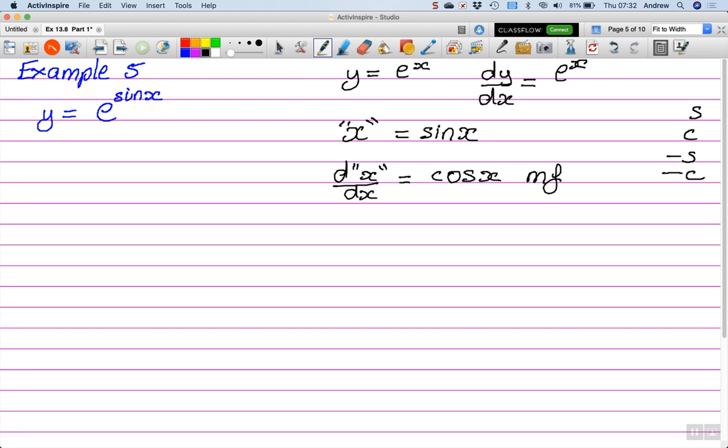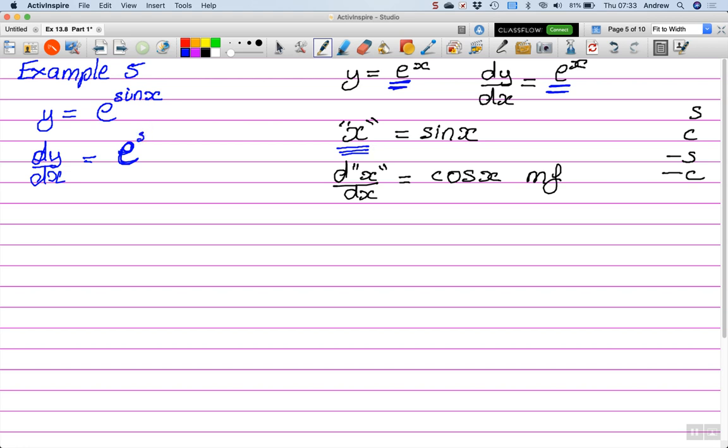So now I'm back over here and I'm going to differentiate this. dy dx is equal to, what does my formula say? It says an e function. What does my formula say? That when I differentiate an e function, it remains an e. What's the value of x?